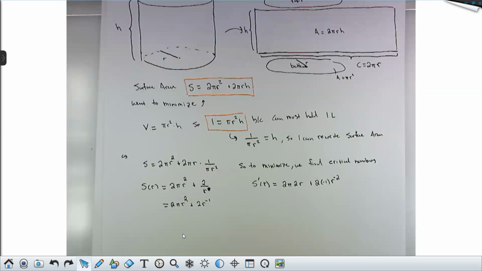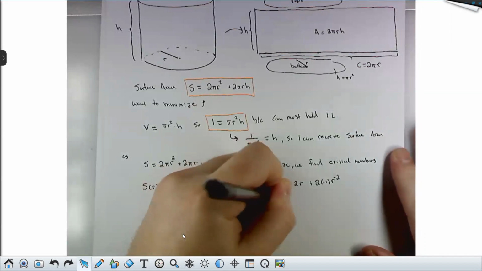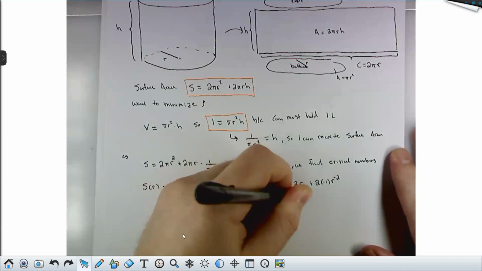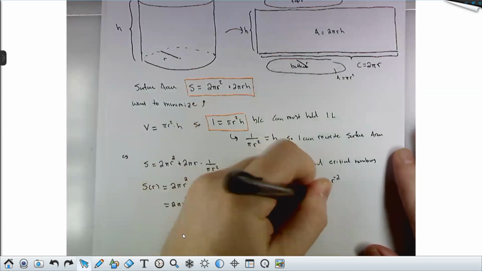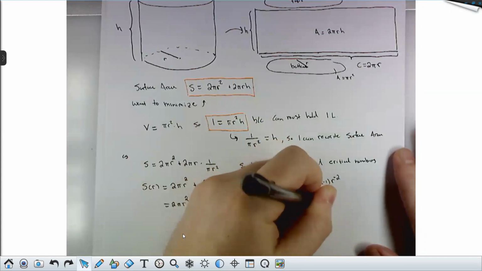And we can clean this up. This is 4 pi r minus 2 over r squared.